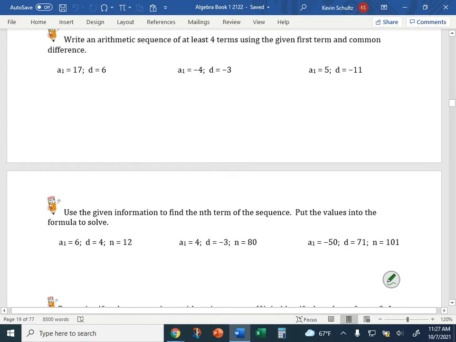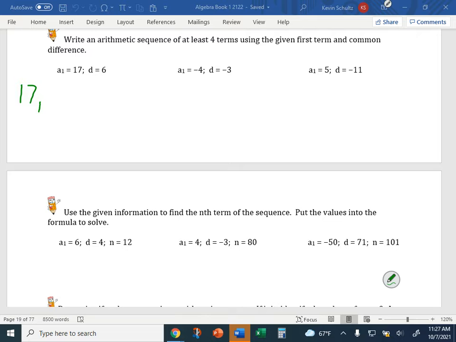It says, write an arithmetic sequence of at least 4 terms using the given first term and common difference. So if A1 is 17, that tells us where we're starting, right? That's the first term of this sequence. With a D value of 6, Maggie B, what would our second term be? First term of 17 with a common difference of 6. What would our next term in the sequence be, Aiden?